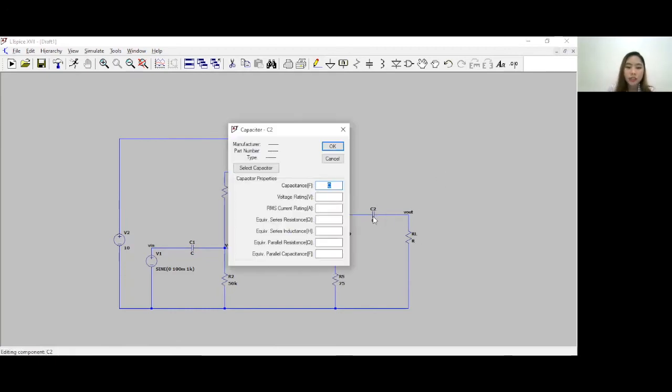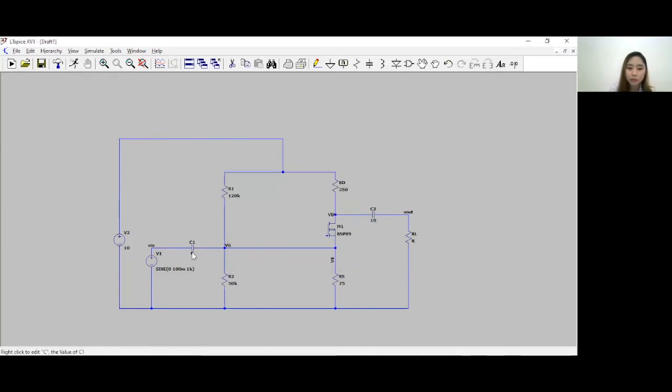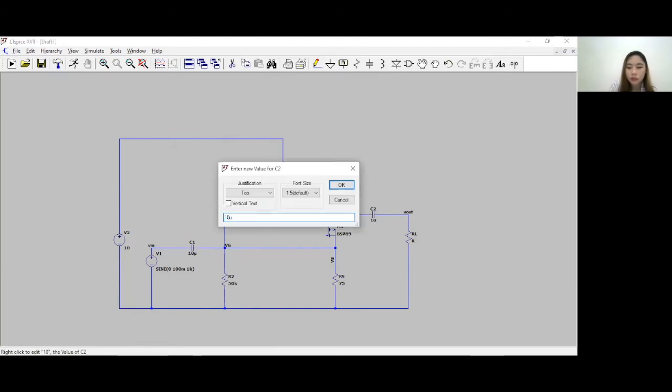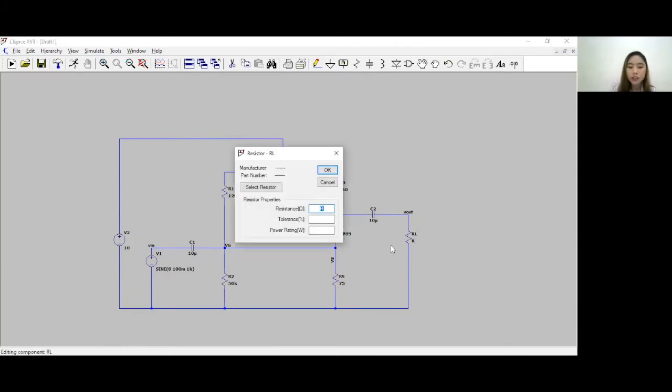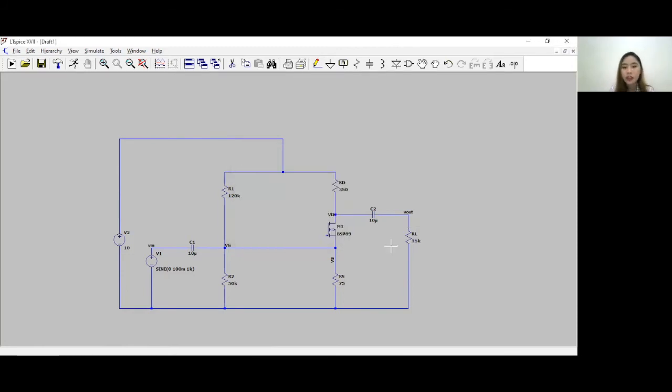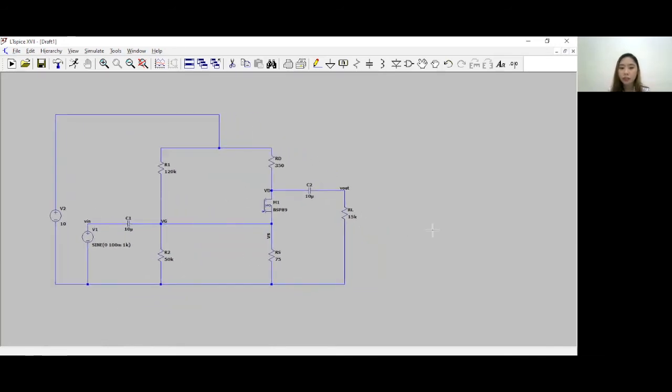For all the capacitors, we will use 10. And for our RL, we will be using 15 kilo ohms. Now that our circuit is complete, we can now use the .op command so we can look for the operating outputs.